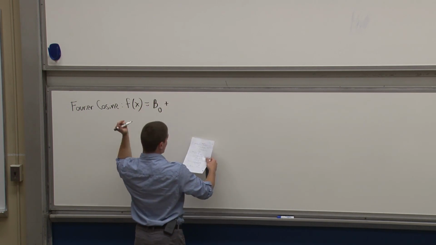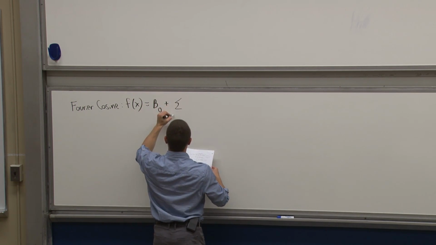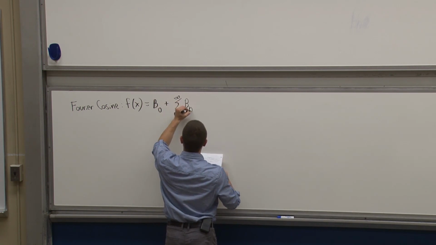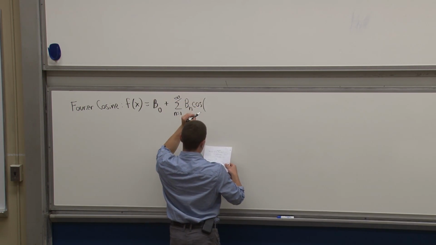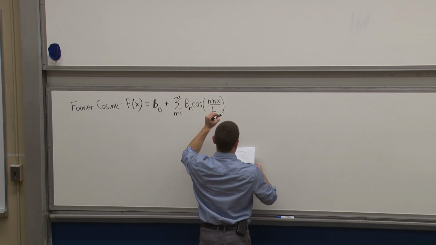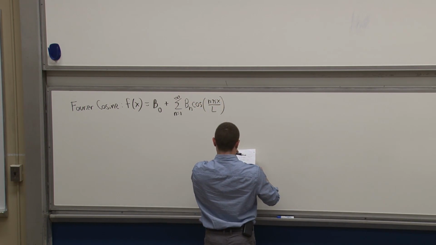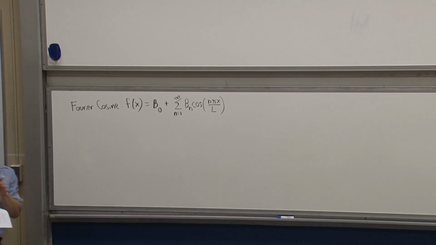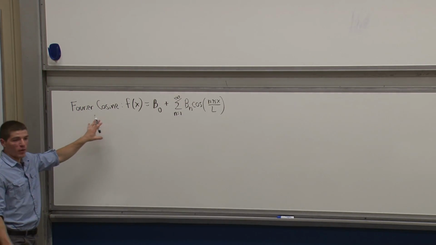All right, so now we're going to use b's because we're dealing with cosines. n equals 1 to infinity. Okay, so Fourier cosine is very similar to Fourier sine.